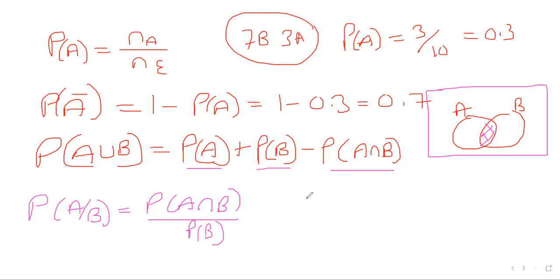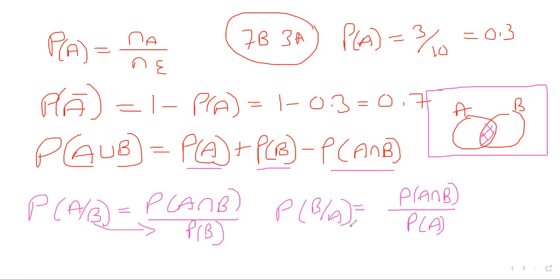If we're dealing with B given A, we bring the A down here, and on top we intersect the 2 letters, A and B. Of course, we usually like to start with the letter that comes first in the alphabet, but there's no harm if you started with B intersection A. The key thing is this one goes down there, and this one goes down there. So this is what we call conditional probability.